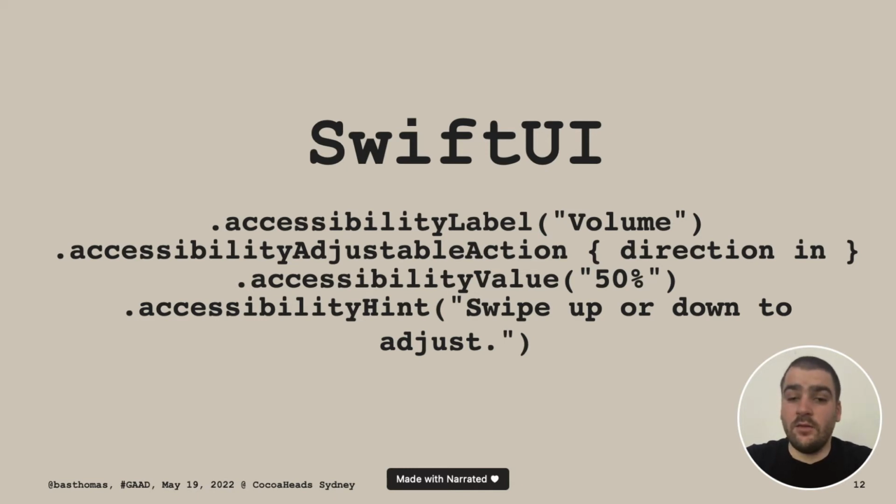In the accessibility value, we set the value to 50%, so we've turned down the volume a little bit. And then we set the accessibility hint as well. And it's these kind of things like the adjustable action that make accessibility on SwiftUI really cool, because the team working on SwiftUI and working on accessibility in SwiftUI has definitely thought about, hey, what are the things that are awkward in the API or hard to explain, and how can we improve that?